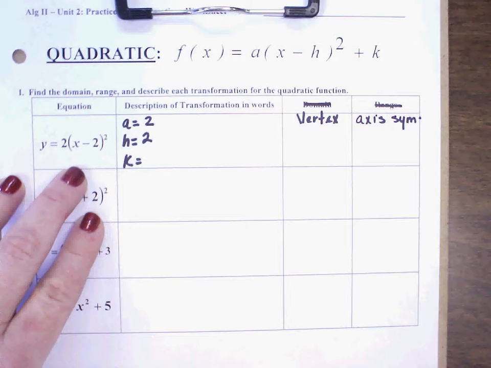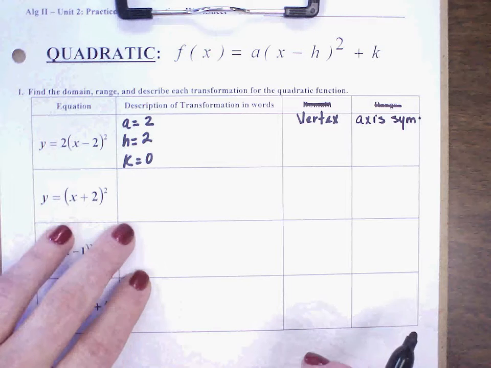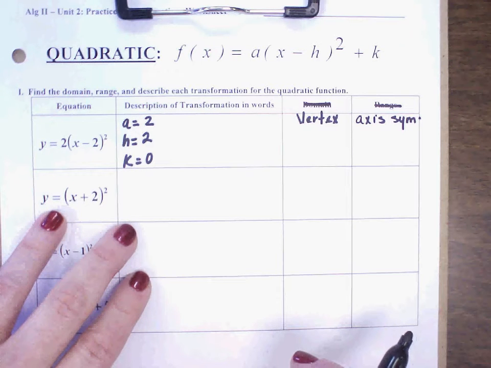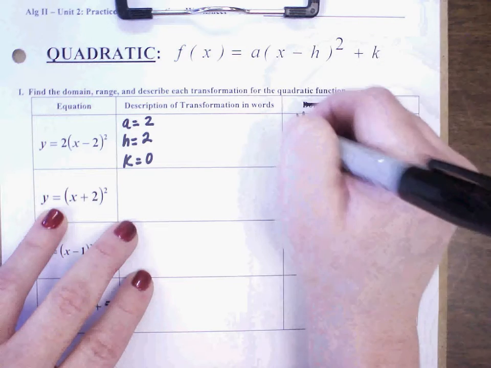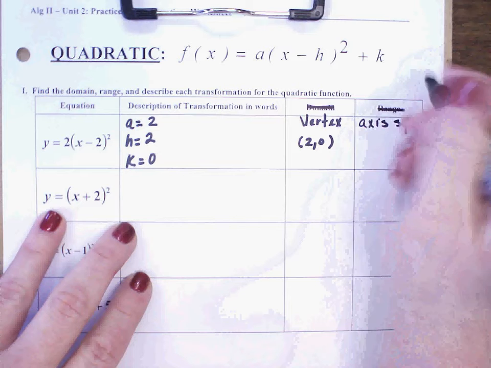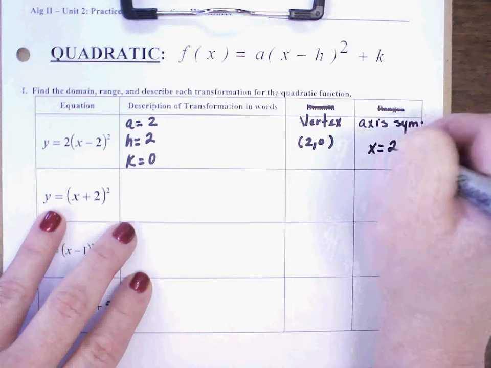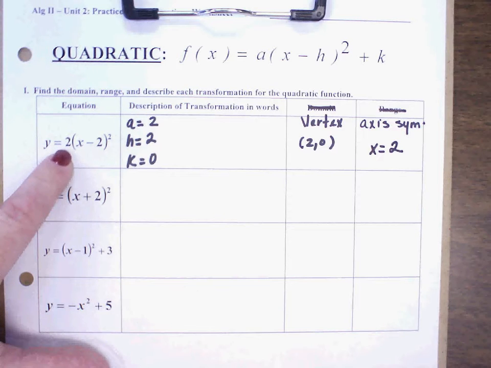All right, what's my A? 2. What's my H? Positive 2. And what is my K? 0. You don't have it, so it's 0. Very good. Now tell me my vertex. 2 and 0.